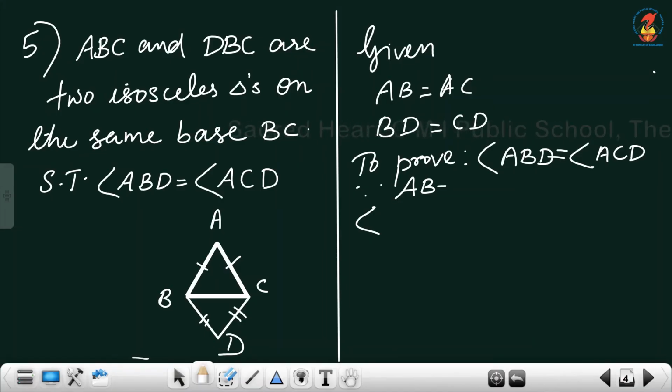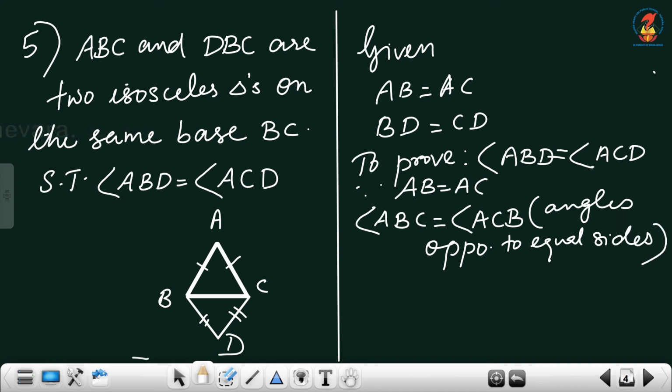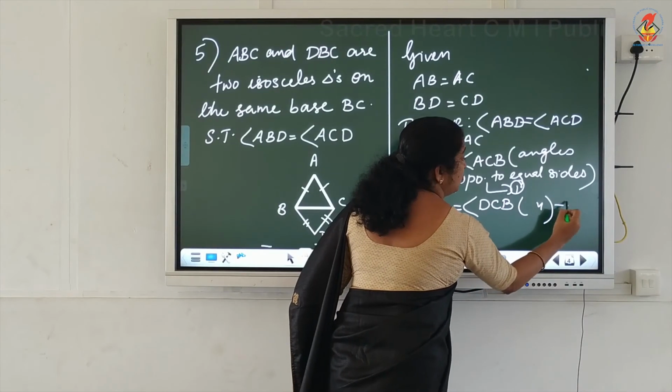Since AB is equal to AC, angle ABC is equal to angle ACB using angles opposite to equal sides. Then angle DBC is equal to angle DCB, same reason, angles opposite to equal sides. What you have to do is just add 1 and 2.